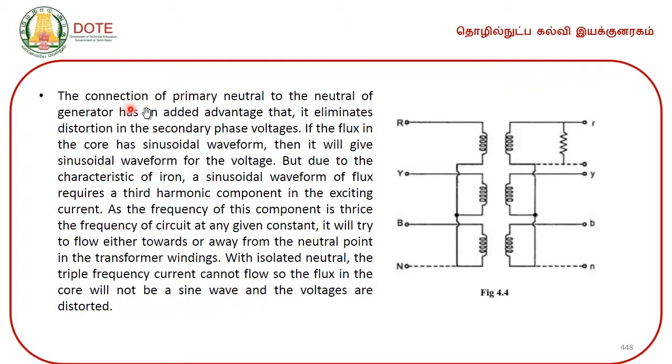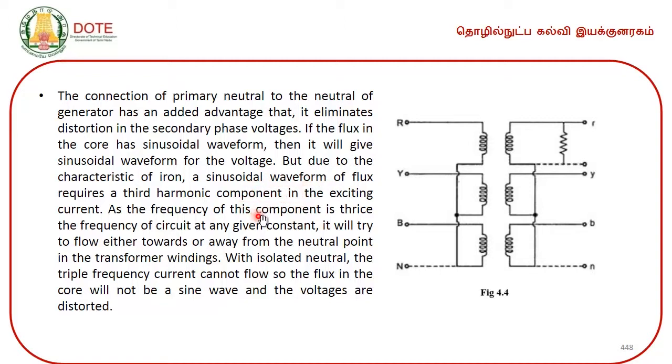The connection of primary neutral to the neutral of generator has an added advantage that it eliminates the distortion in the secondary phase voltages. If the flux in the core has sinusoidal waveform, then it will give sinusoidal waveform for the voltage, but due to the characteristics of iron, a sinusoidal waveform of flux requires a third harmonic component in the exciting current.